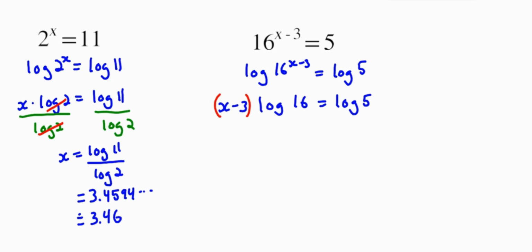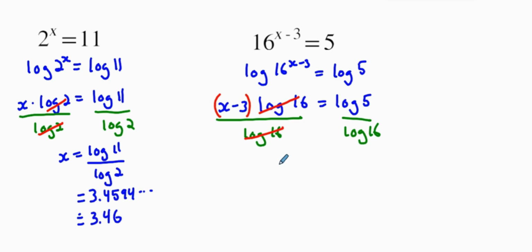That's key. Make sure you put the brackets if you have an expression in the exponent that comes down with more than one term. At this stage then, we see our x that we want to isolate. I can then start to rearrange and solve for it. So I'm going to divide both sides by log 16. That will move it to the right-hand side of the equation, and keep in mind log 16 is just a number that your calculator knows.